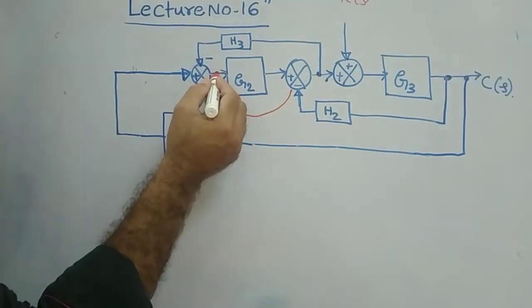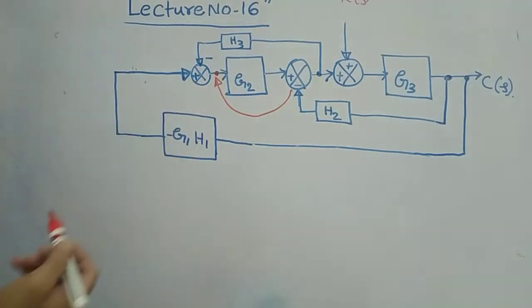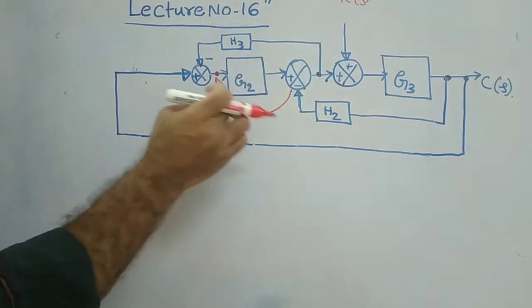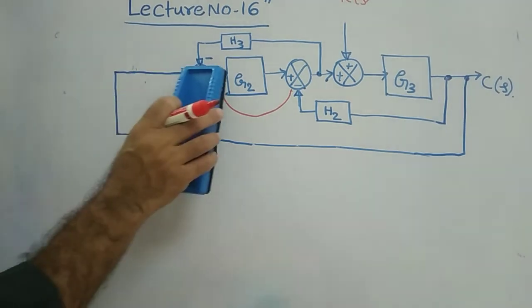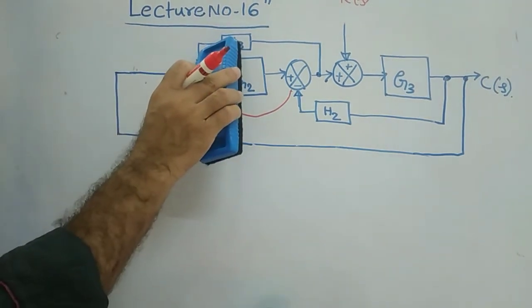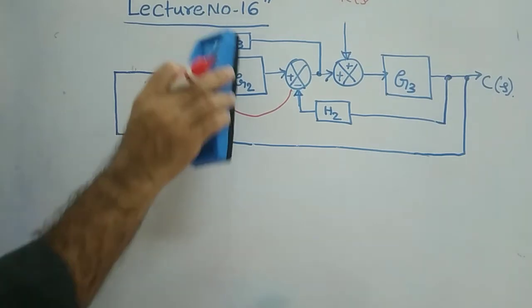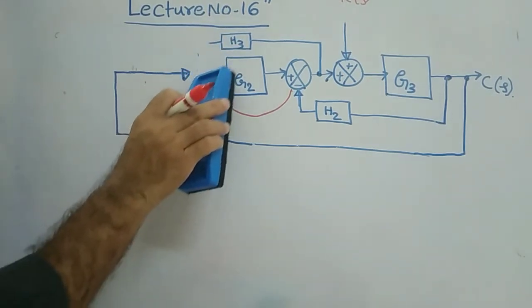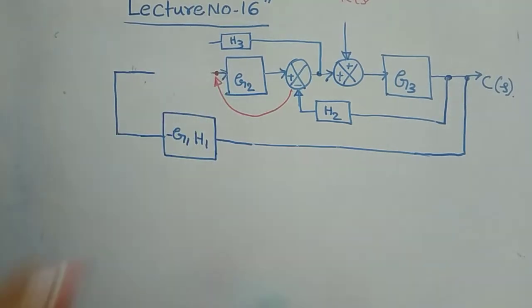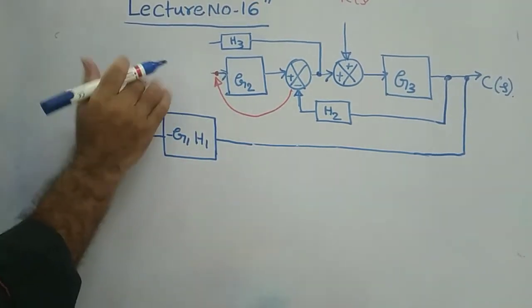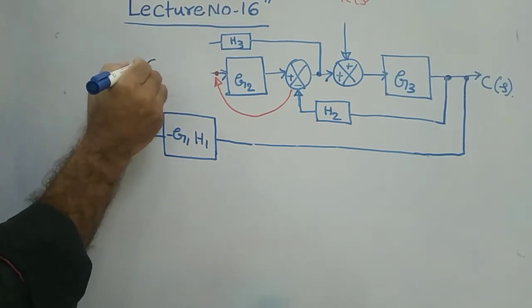If you shift here, then what will come? If you shift that summing point before G2, what will you get? Obviously, I will show you this connection a little bit away from this. This particular summer, whatever is there already, I will connect here for you.